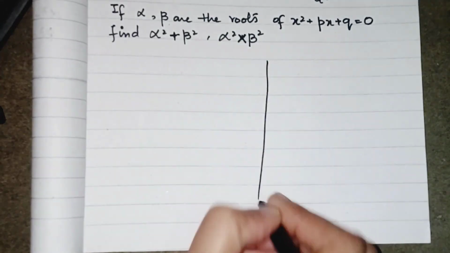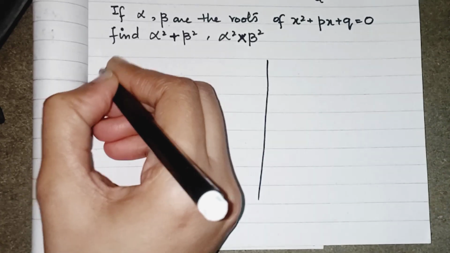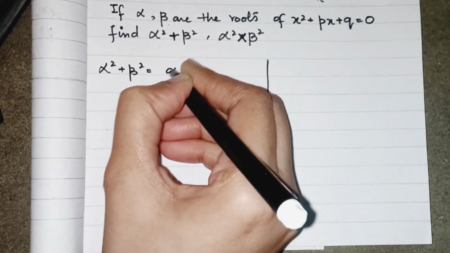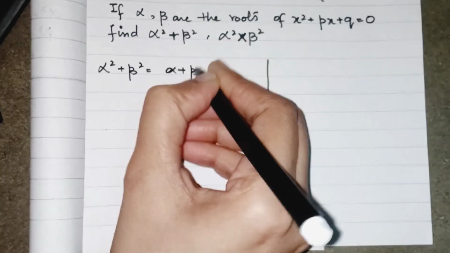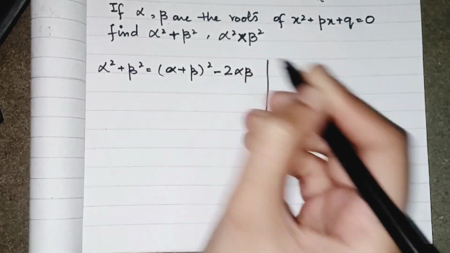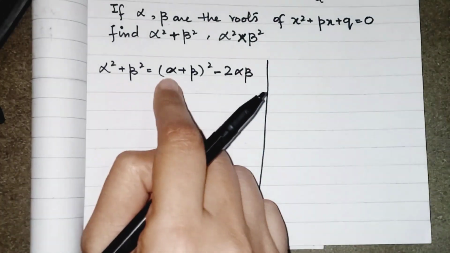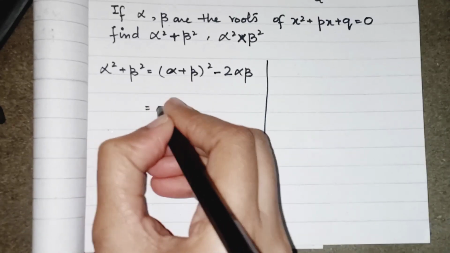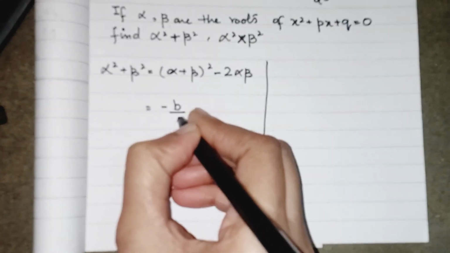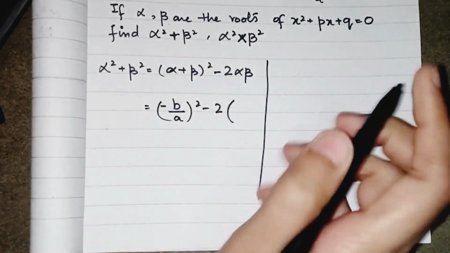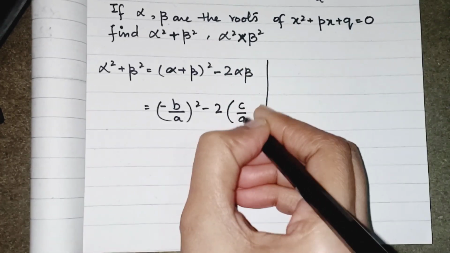So we can do it simply like this: alpha square plus beta square should be equal to (alpha plus beta) square minus 2 alpha into beta, and alpha plus beta should be equal to minus b upon a, squared, minus 2 alpha into beta, which should be equal to c upon a.